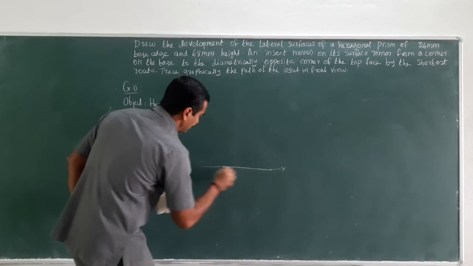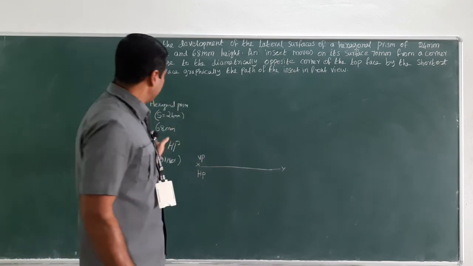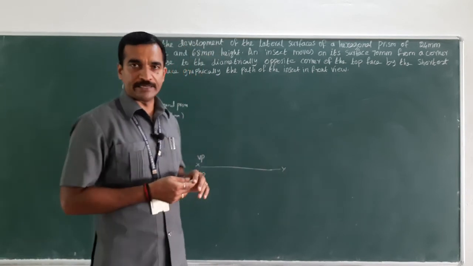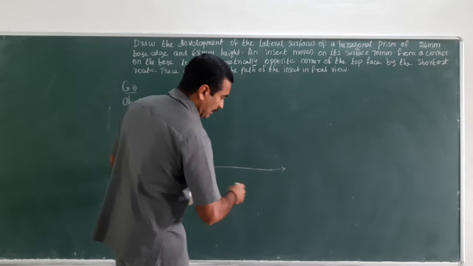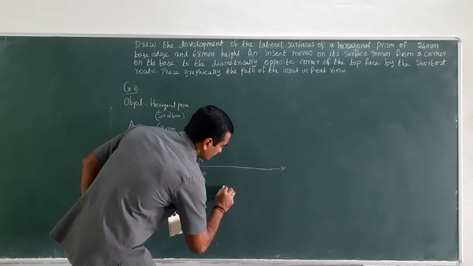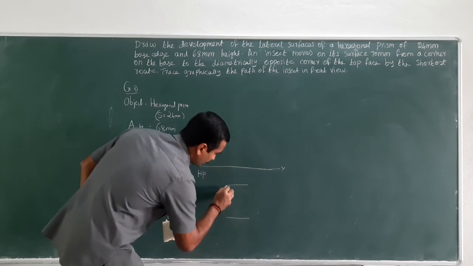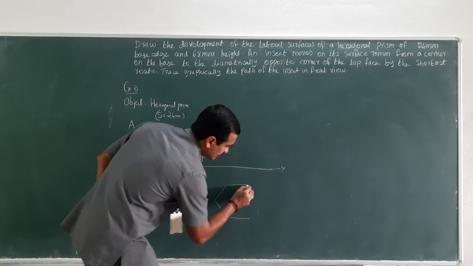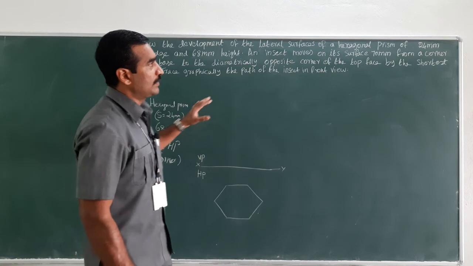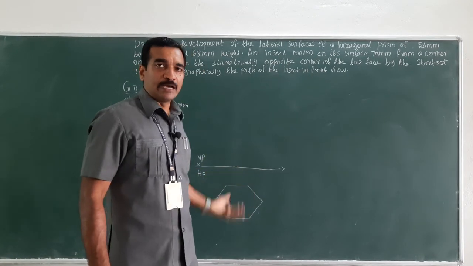First draw the XY line, above VP, below HP. Here the condition is corner. You all know how to draw the hexagonal shape, so I am not going into that. Keep the corner on the right hand side. So, this is how the object is. Here it is a prism, therefore it has a top face and a bottom base.